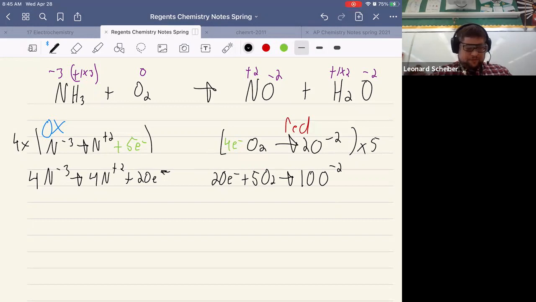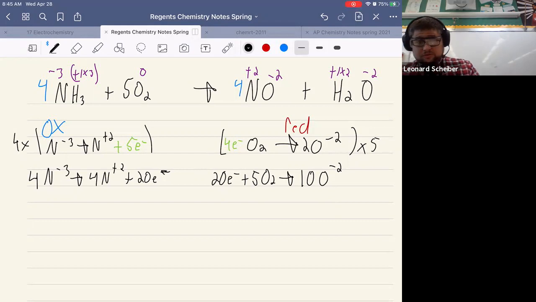Okay, so let's start putting things in. I know that I need 4 N minus 3s there. I also know that I need 4 N plus 2s there. I know that I need 10 O neutrals or 5 O2s there. I also know that I need 10 O minus 2s.